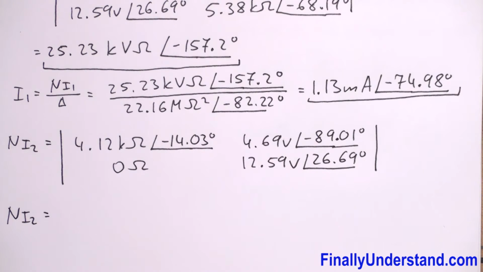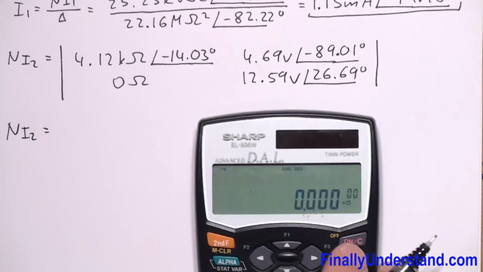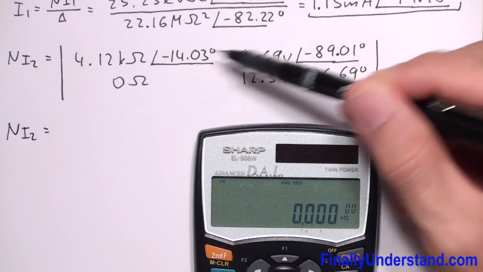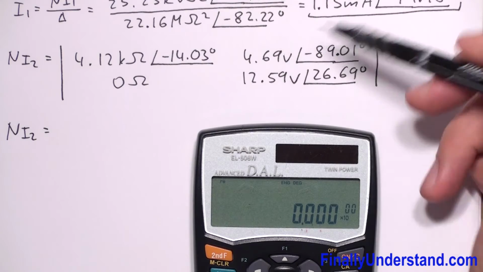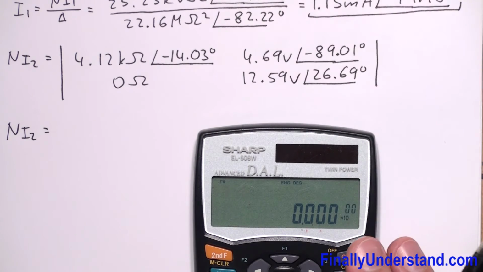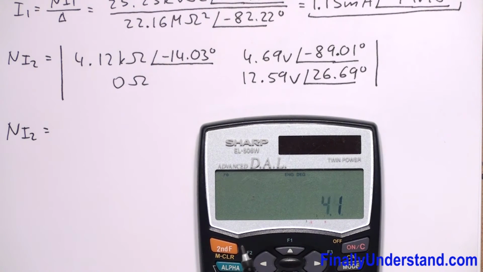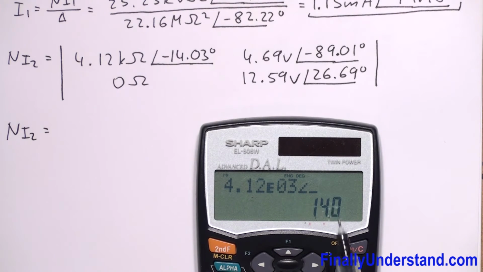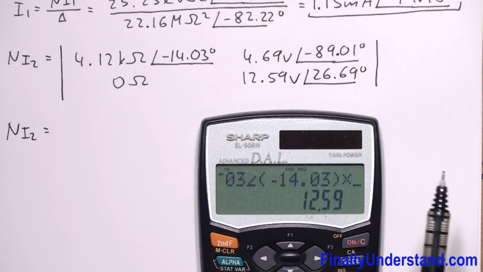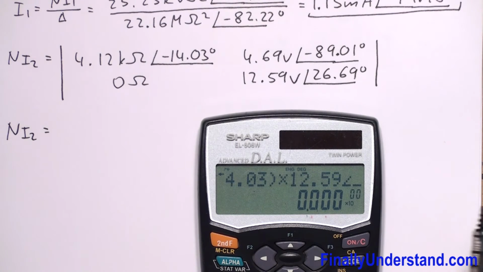NI2 is equal, again I'm going to use the calculator. I have to multiply this term by this, minus this times that, but 0 times anything will give me 0, so I'm going to simply multiply these two numbers together. So I have 4.12 exponent 3 and angle of negative 14.03 times 12.59 angle of 26.69.